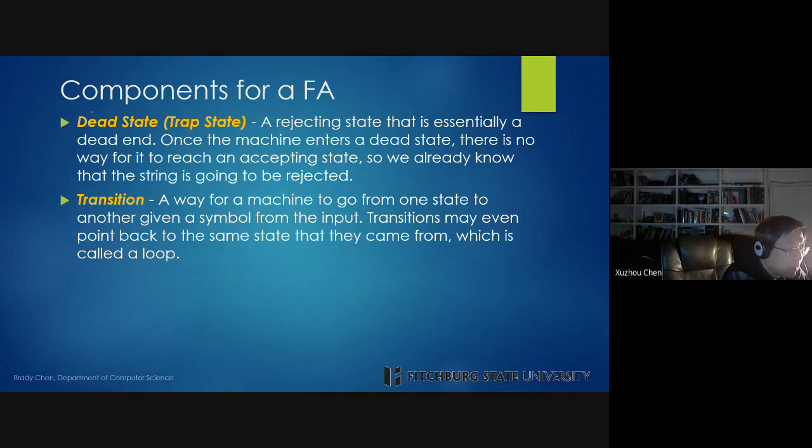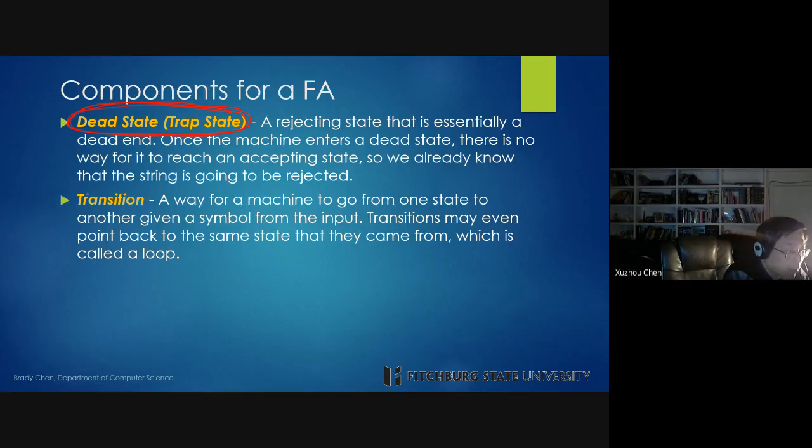In certain situations, the finite automata will enter into a state called a dead state. A dead state means no matter how much more input we continue to feed, there's no way we're going to end up in an accepting state. Okay.